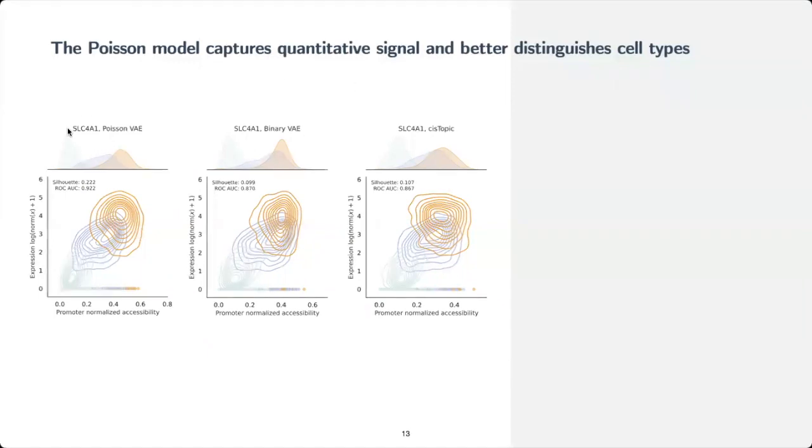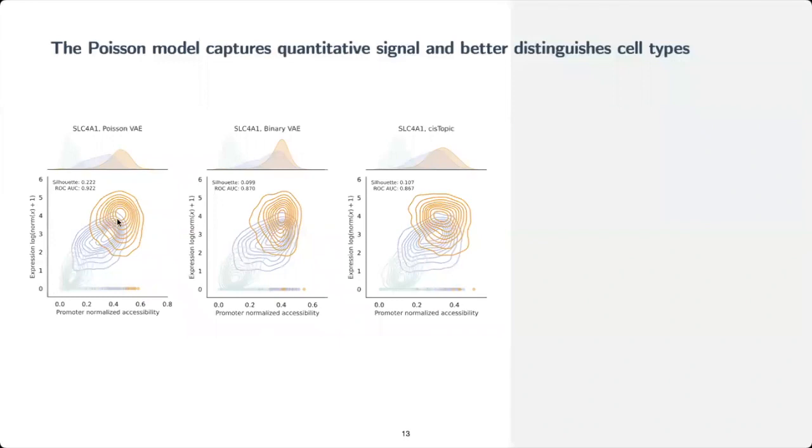So here's again the example of this SLC4A1 promoter, and on the x-axis I plotted the normalized accessibility, which is basically the accessibility that the model predicts for the binary case and also the cisTopic case. And then on the y-axis is the expression of this promoter.